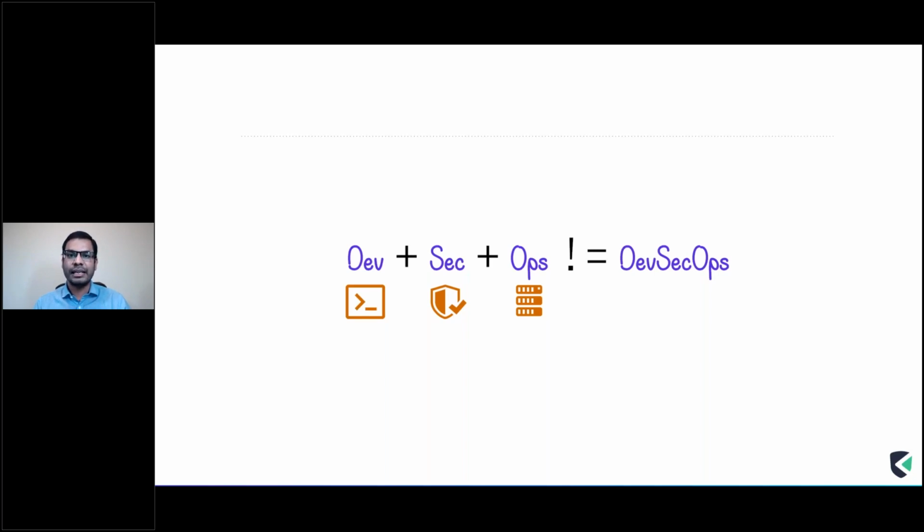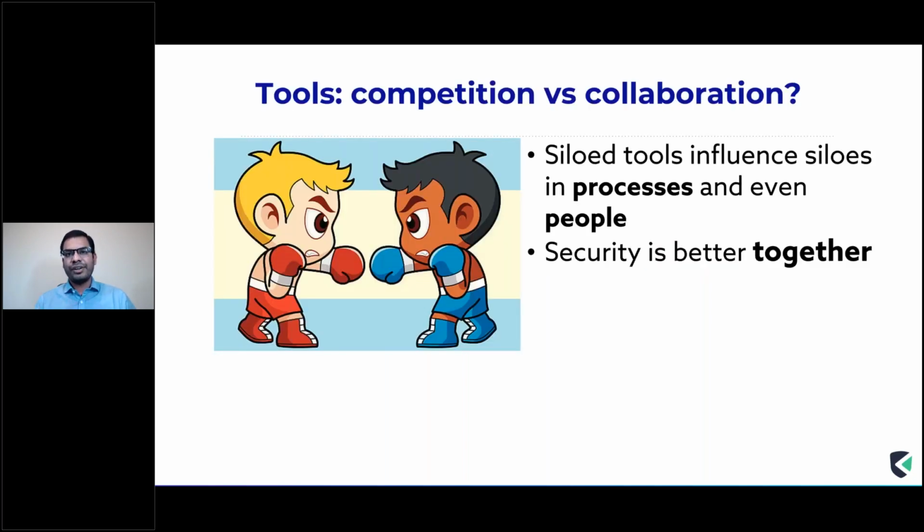The second frustration, the second challenge I was personally feeling, and I'm sure everyone in the audience would have felt, is that the tools had a lot of competition going on amongst them. I can understand that the security vendors and the cloud vendors want to retain their customers and make use of their customer base to grow. So, knowingly or unknowingly, these vendors started introducing what is called lock-in.